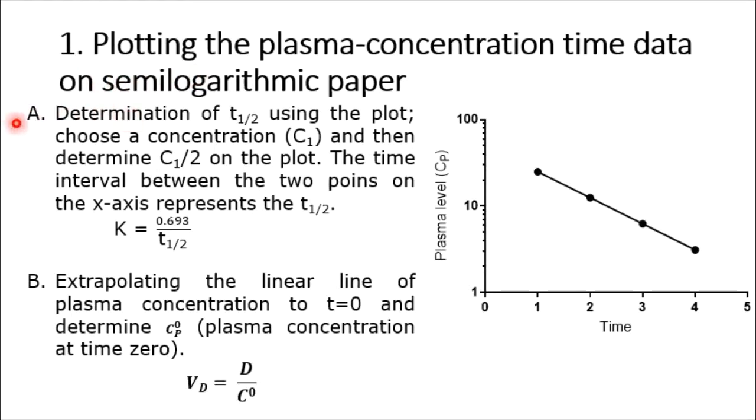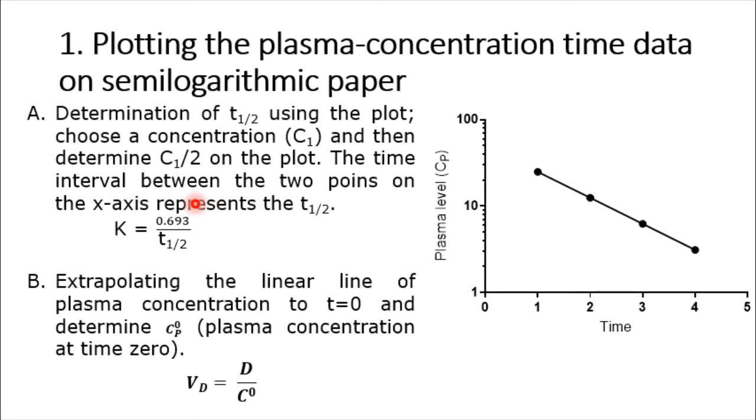The steps to do this: first is determination of half-life using the plot. We can choose a concentration and name it concentration 1, and then determine half of this concentration on the plot, and the time interval between C1 and half of C1 represents the half-life of the drug.